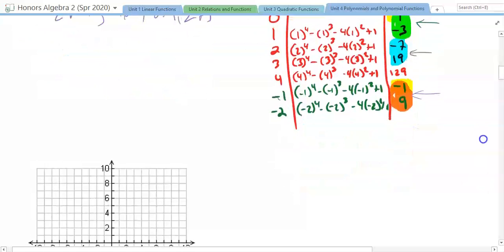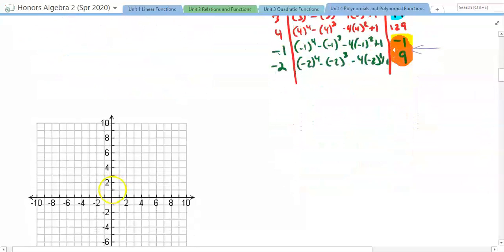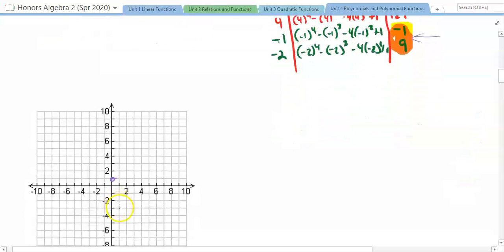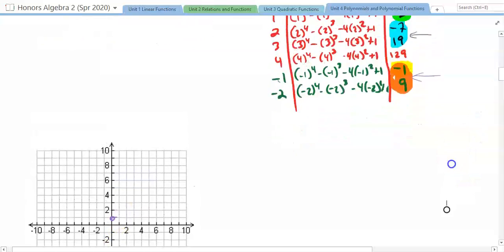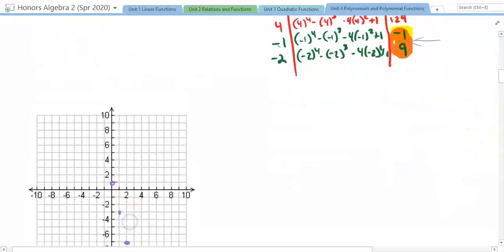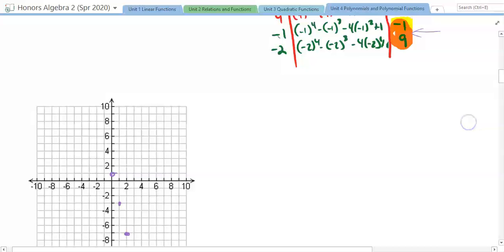And so when we plot all these points on the coordinate plane, we've got 0, 1, and then we've got 1, negative 3, and then we have 2, negative 7, 3 is at 19, so that's above the graph, so it's going to be way up here, and then 4 is super high up, negative 1, and negative 2, positive 9.